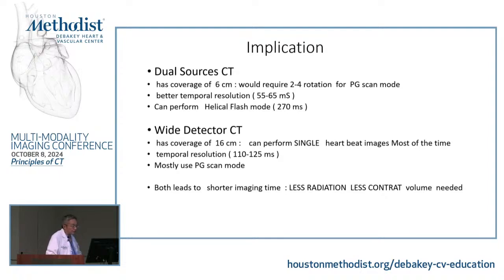You have a coverage of 16 centimeters, so you can do single heartbeat images, most of the time. The temporal resolution is that of one single source. With 256 or 320 detectors, it cannot rotate too fast. It's about 220 to 250 divided by 2, which will be 110, right? So mostly you use prospective gating mode because there's no retrospective gating mode anymore with the single source wide detector CT for cardiac imaging, okay?